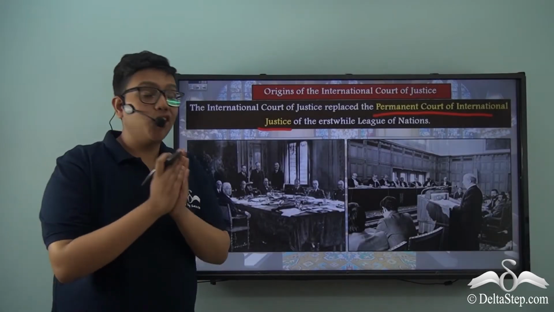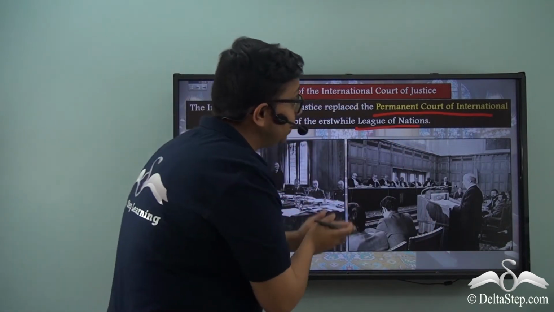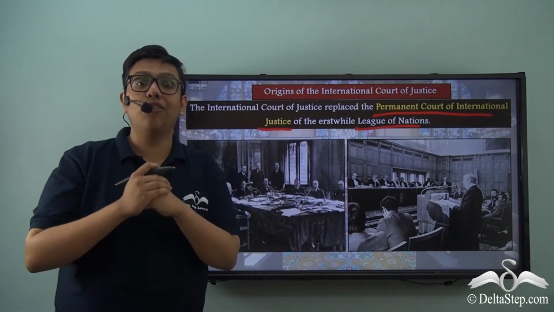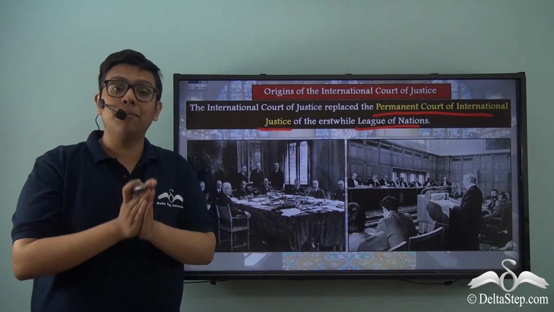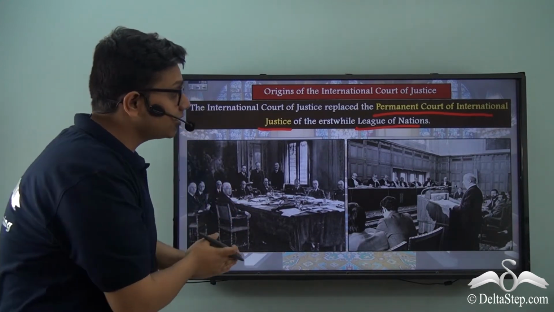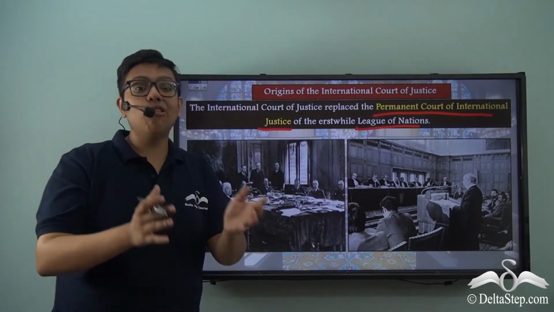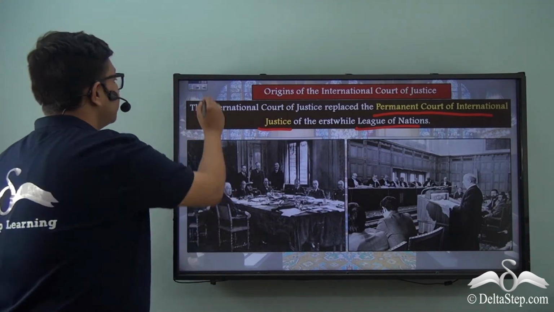After the dissolution of the League of Nations, the International Court of Justice replaced the Permanent Court of International Justice of this erstwhile League of Nations. Over here we see a glimpse of the final session of the Permanent Court of International Justice, and here is when the International Court of Justice is taking over the functions and responsibilities from the PCIJ.